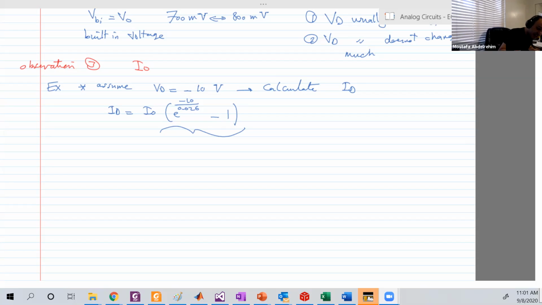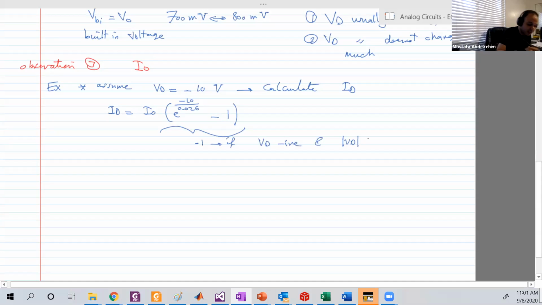If VD is negative and its magnitude is much, much larger than VT, then VD over VT will be a very large value. If we approximate it as infinity, for example, e to the power minus infinity is 0.